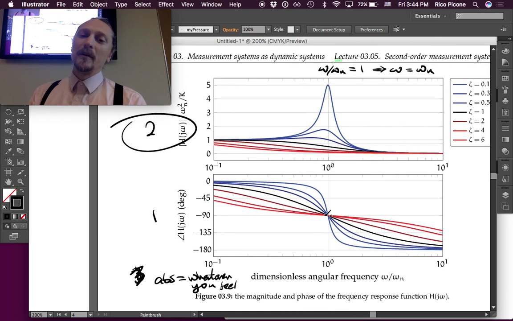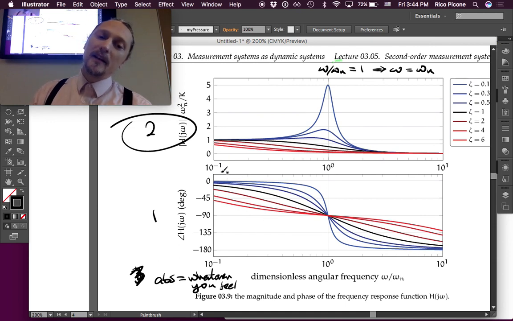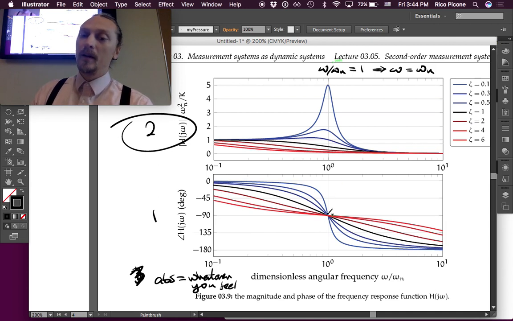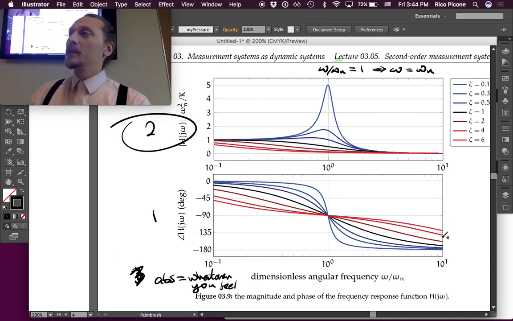Okay, so we've got phase down here. Phase says that when we have this input sinusoid at low frequency, there's not much phase lag happening. If we go up here, there's this transition, and at high frequency, there's 180 degrees of phase lag.